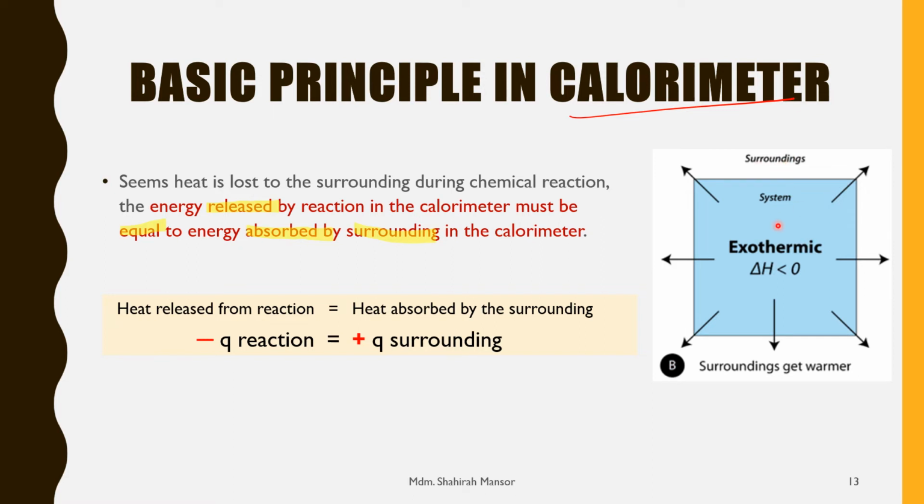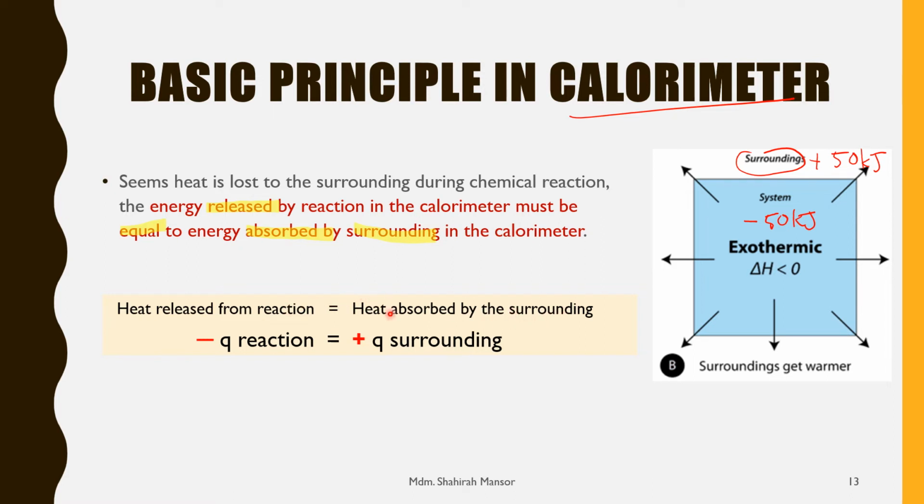Okay, so sekiranya sistem ini membebaskan energi sebanyak 50 kJ, membebaskan so negatif lah 50 kJ. Okay, for example, so the surrounding ini juga akan menyerap sebanyak 50 kJ. Okay, itu maksudnya heat released from reaction equals to the heat absorbed by the surrounding.